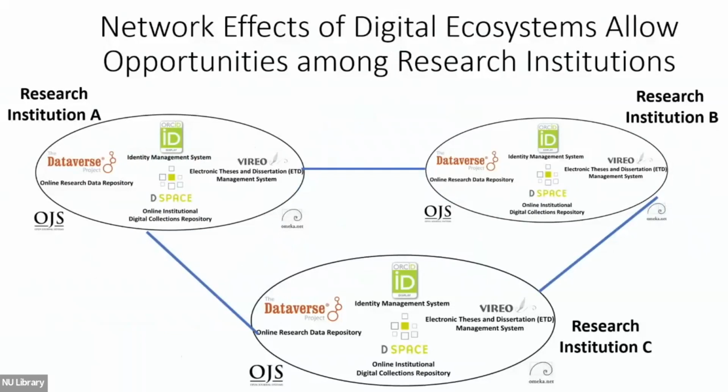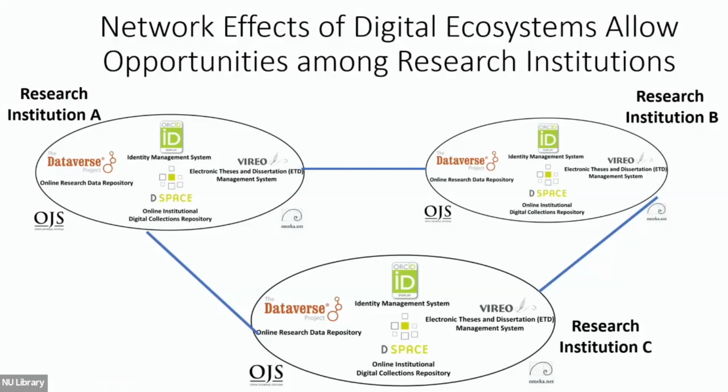So the network effects that the law talks about that I just showed, you can think about it in terms of increasing value internally in an institution. So if your institution implements all 6 of these components, it's going to be more powerful.